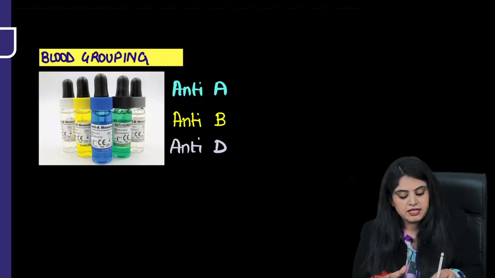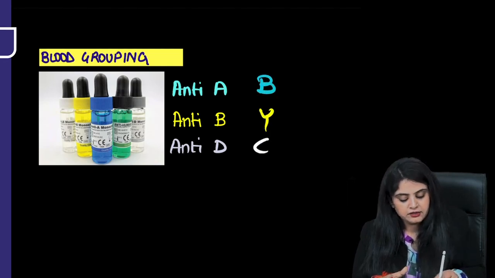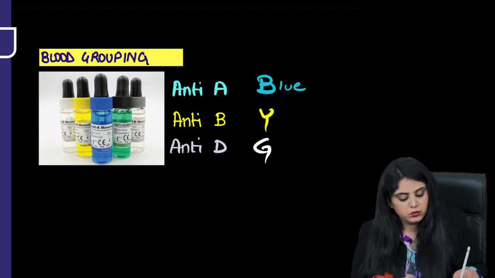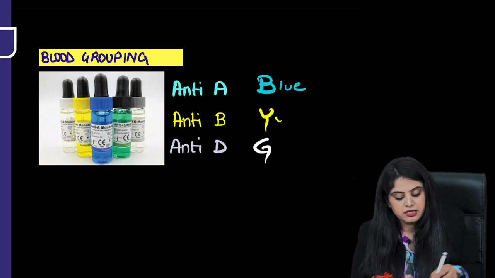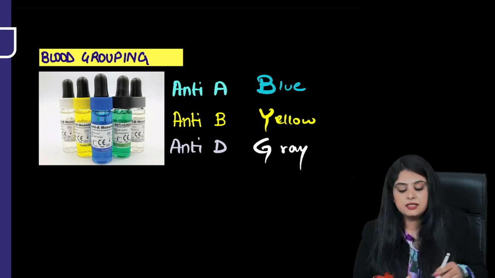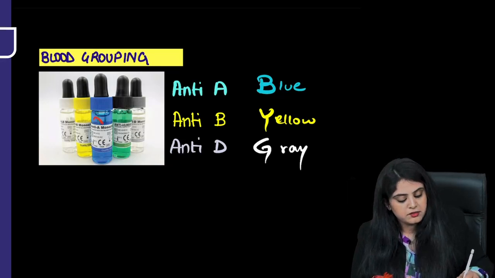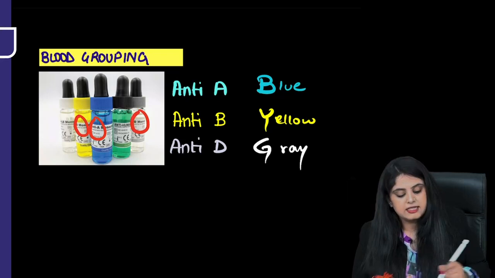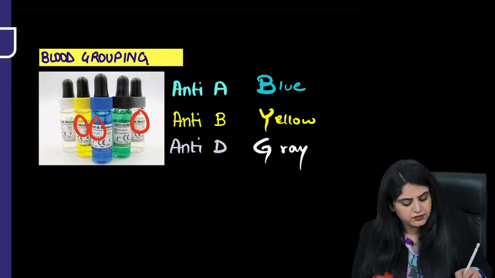If you remember, we had a mnemonic called BIG. That is how we had learnt it. There is a mnemonic called BIG which tells me that anti-A sera is blue in color, anti-B is going to be yellow in color, and anti-D is going to be grey in color. Okay? So if I look at the blue color, this must be anti-A, then yellow color anti-B, and grey color anti-D. Then you'll say, I can also see something else, ma'am.